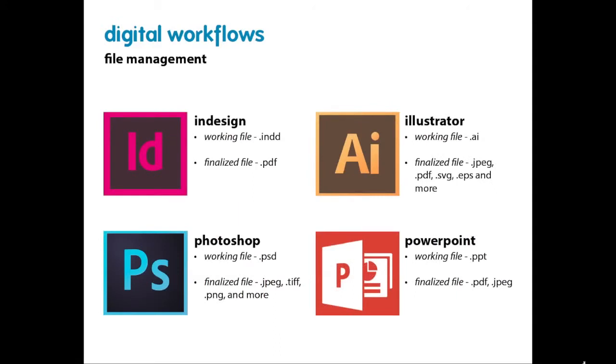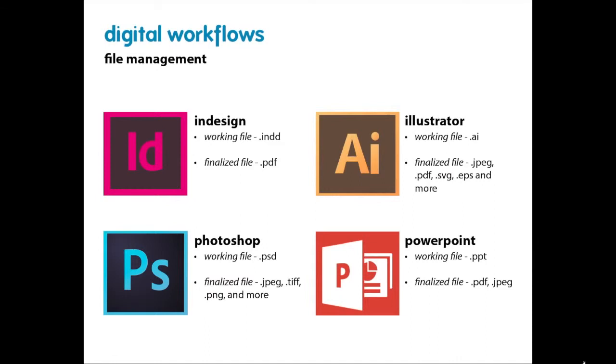So here are the different programs with their different working files and their finalized files. With InDesign, it's INDD or INDL, which is for templates, and you'll export as a finalized file as a PDF. And then Illustrator has AI, and that gets exported in many different ways: JPEG, PDF, SVG, EPS, just to name a few.